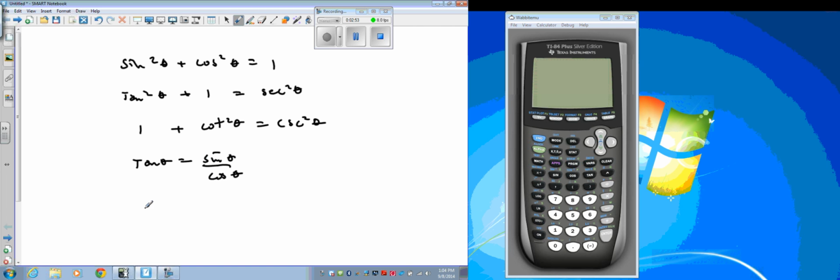Now remember that tangent is y over x, and sine is y over r, and cosine is x over r. So if you invert this and multiply, you get that. That's where the identities are coming from, right? You see that?